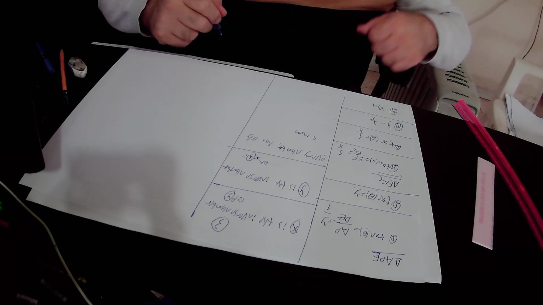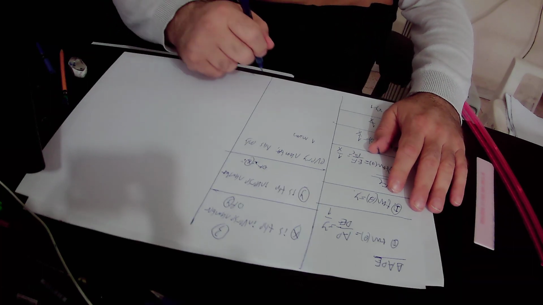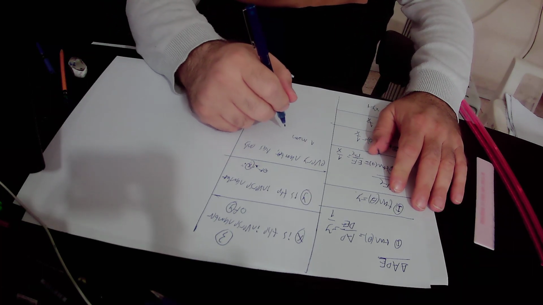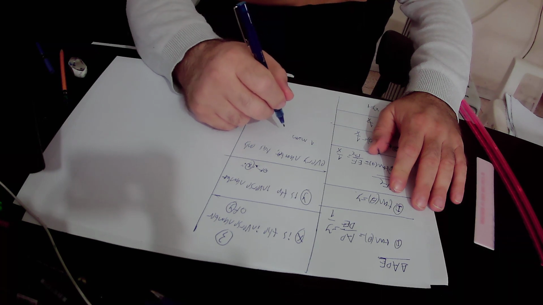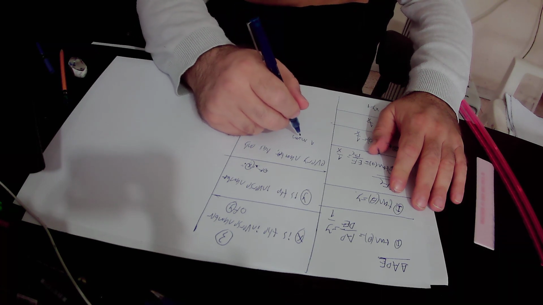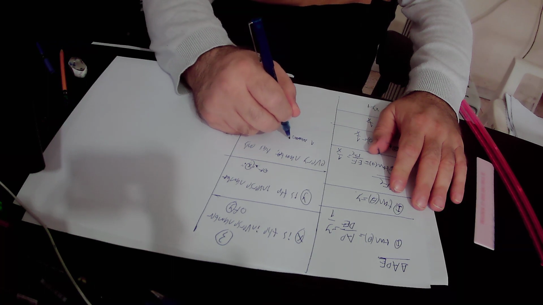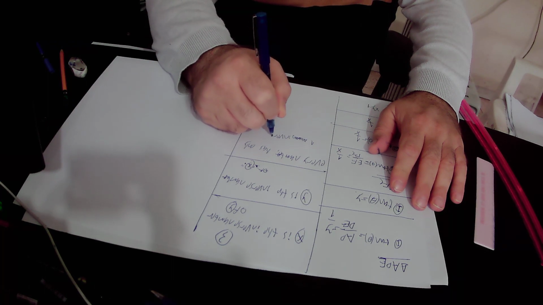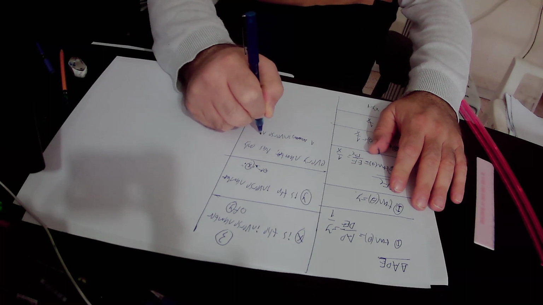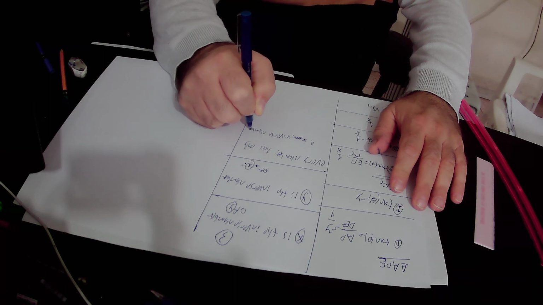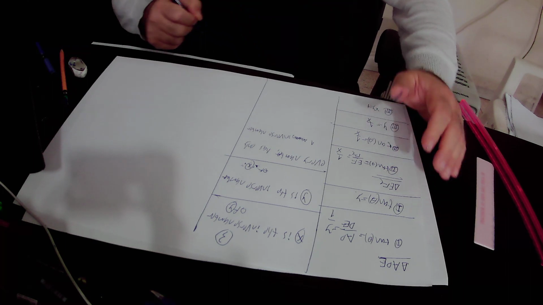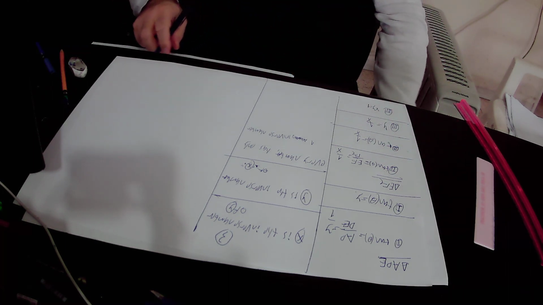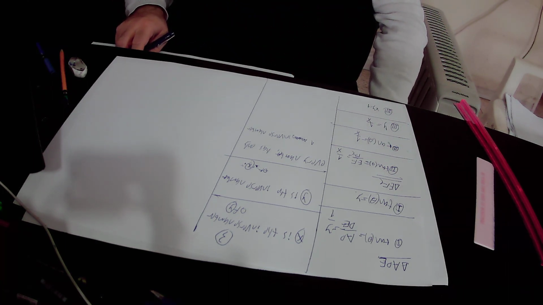So the only inverse number of 5 is 1 over 5, and the only inverse number of 1 over 5 is 5.